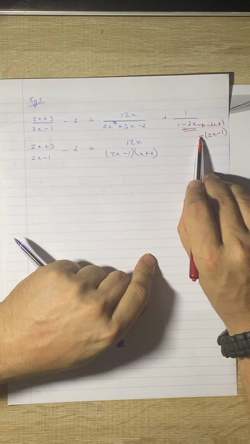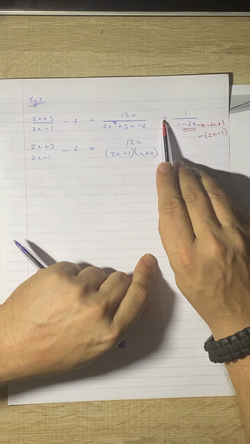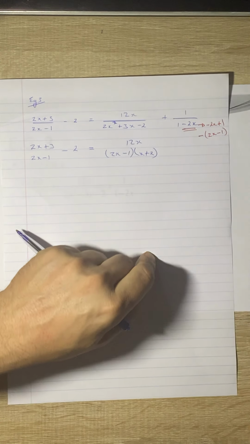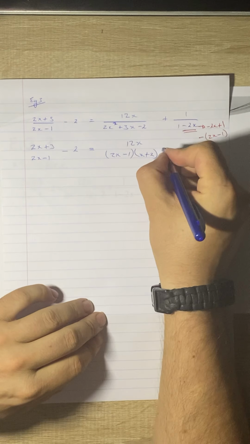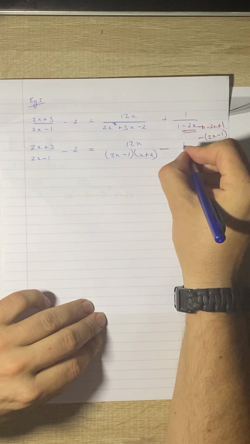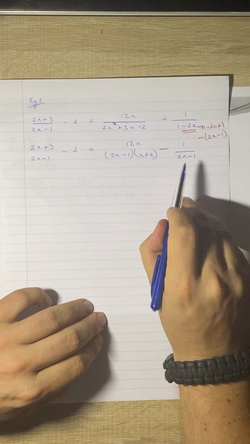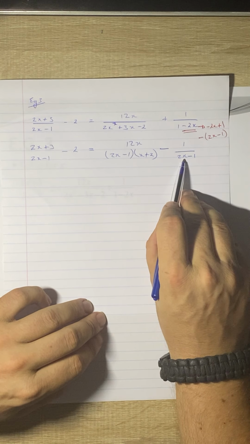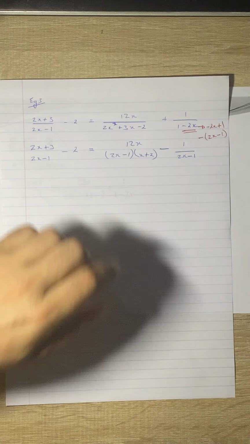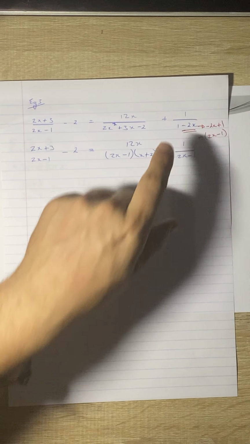Now that negative over there is now going to affect this positive. So positive and a negative will give us a negative. And this will be 1 over 2x minus 1. And that's what we want now. Our highest power of x is positive. Okay, so just don't forget to change that sign over there.